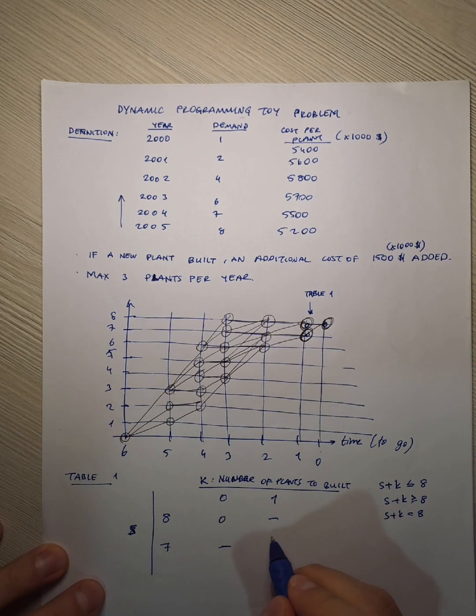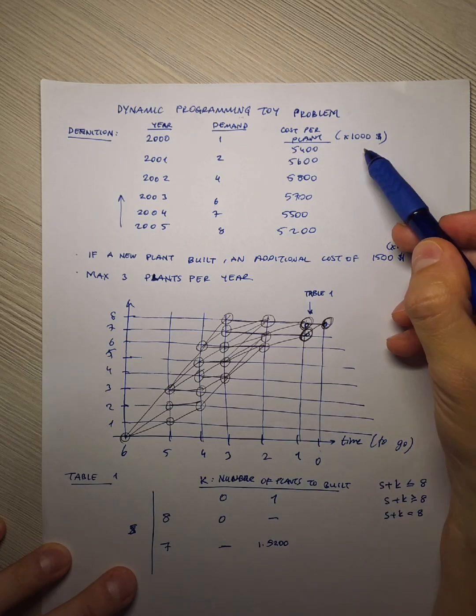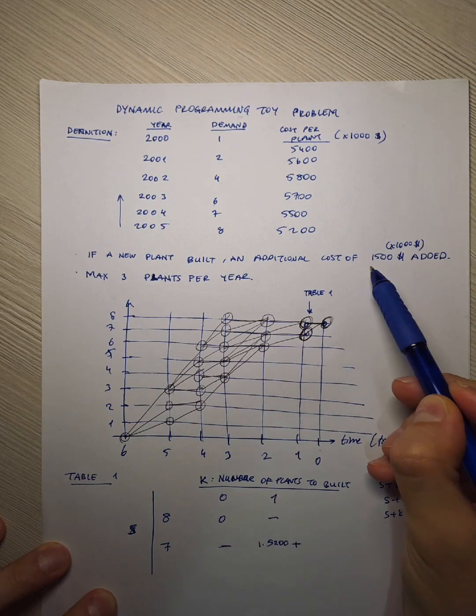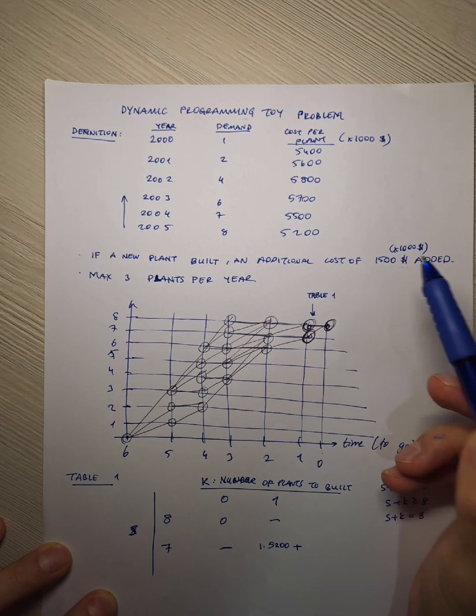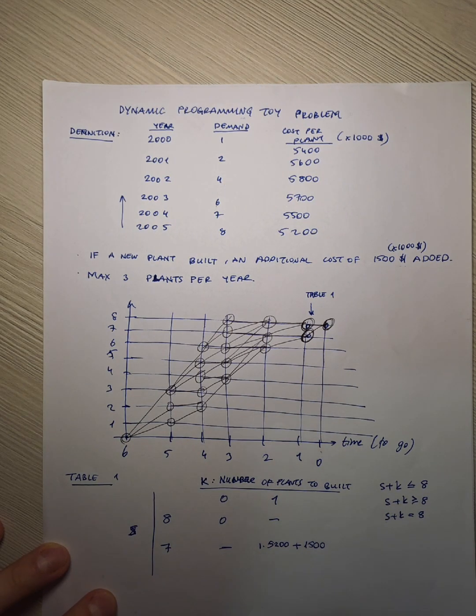Okay, so the cost is 1 plant times 5,200, times so much money, so $5.2 million, plus this additional cost, which is 1.5 million, but I won't use these 3 zeros, so it is $6,700.